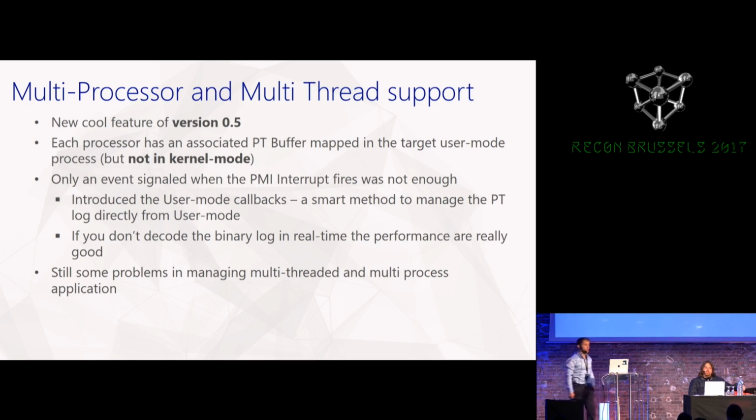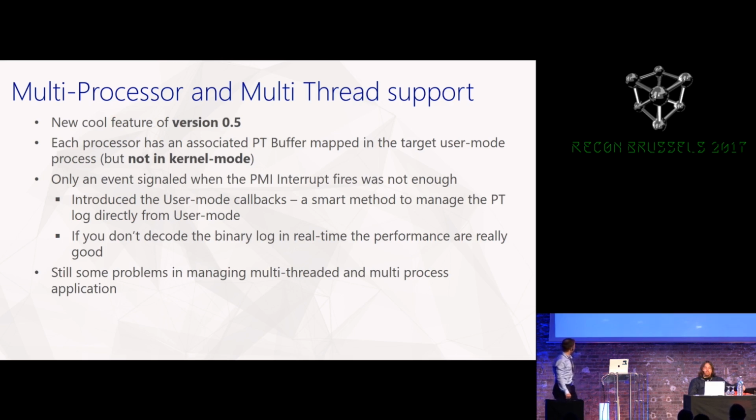Then we switched the implementation and implemented user mode callbacks. I mean, our user application spawns one thread for each CPU, and each thread registers a PMI callback function. In that way, when a CPU's buffer is full, exactly the right user mode callback is called.